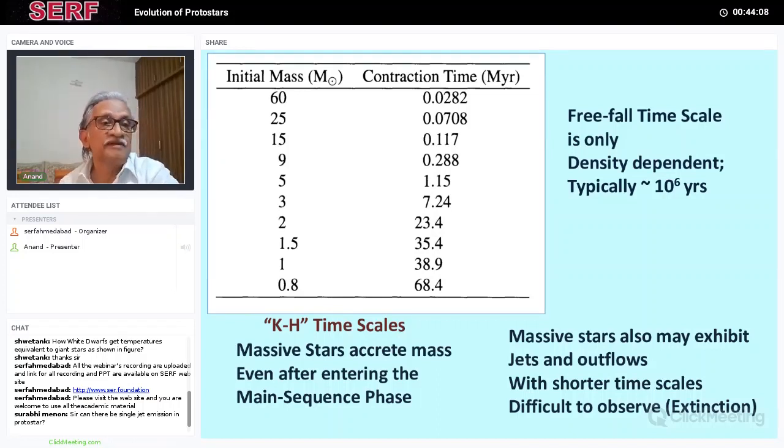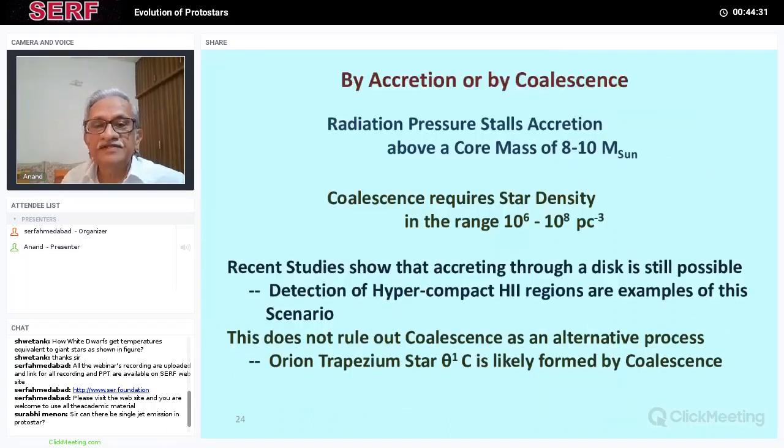In the low mass case, we had taken recourse to magnetic field interaction. Here, you don't need a magnetic field. That's what we will see. These are very difficult to observe, as I have already said, because of the large extinction from dust and gas around them.